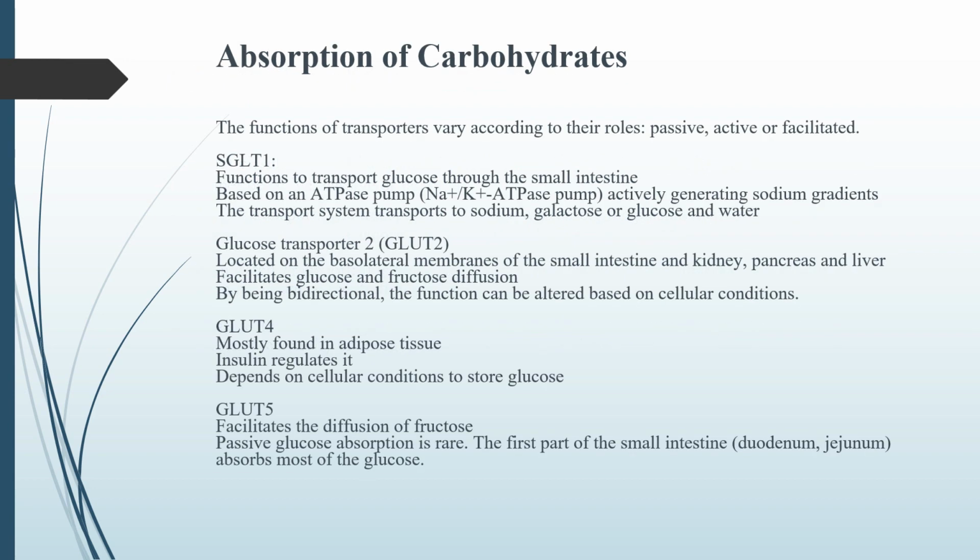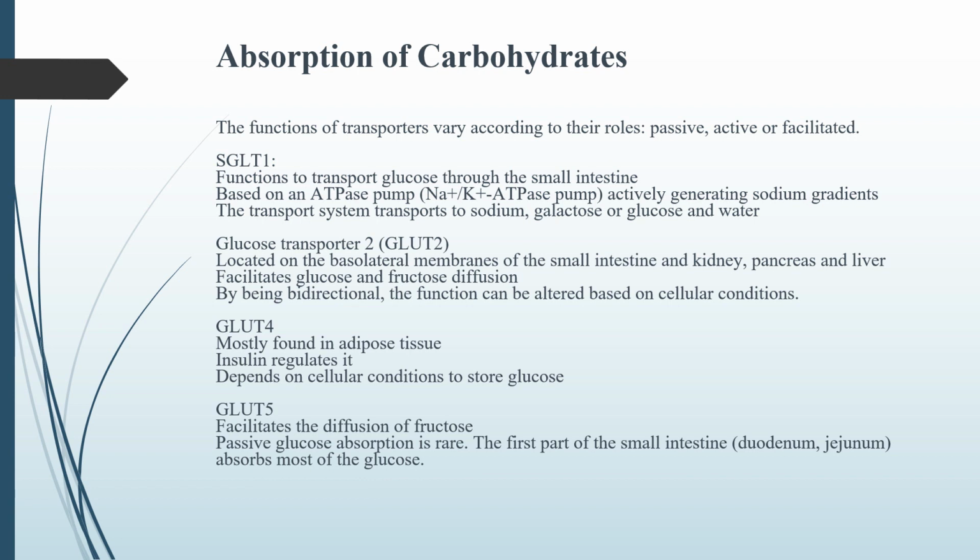Absorption of carbohydrate. The functions of transporters vary according to their roles: passive, active or facilitated. SGLT1 functions to transport glucose through the small intestine based on an ATPase pump actively generating sodium gradients. The transport system transports sodium, galactose or glucose, and water.